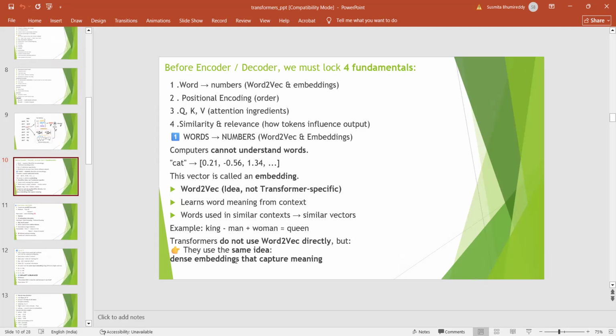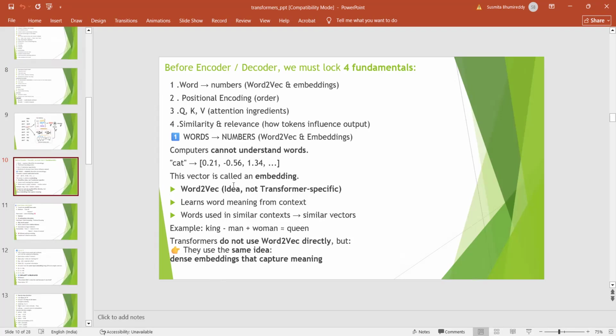So by using these vectors, whatever query we have asked, we'll get the responses based on this embedding only. The computer knows by using the numbers, like if we have 0.21.